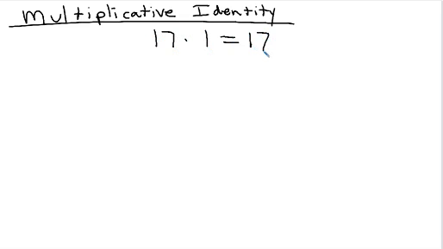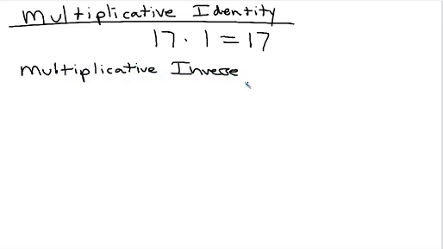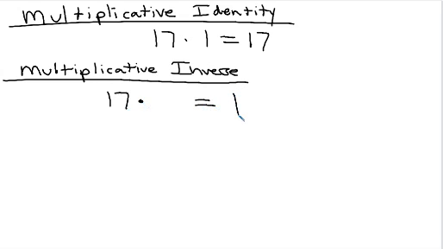Okay. Now, there's also a multiplicative inverse. This one maybe requires a little bit more thought. 17 times something will equal 1.